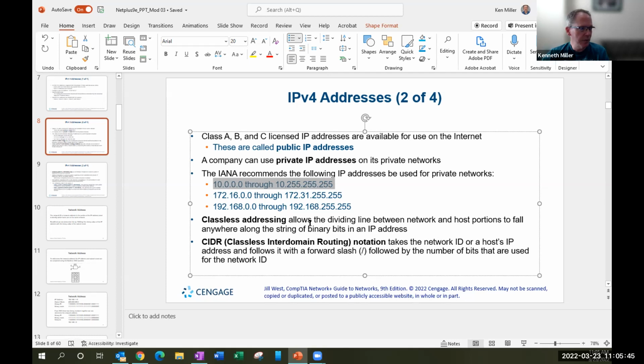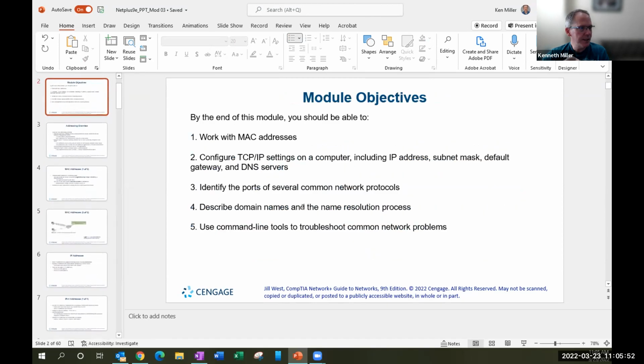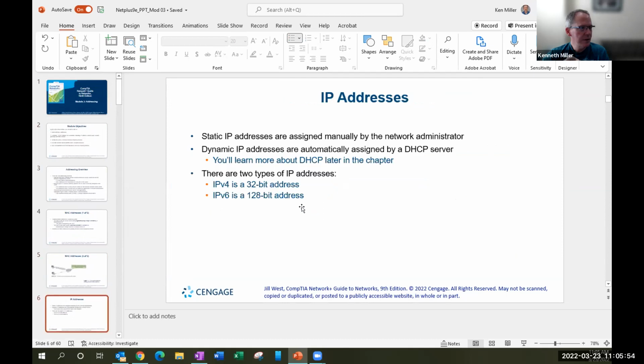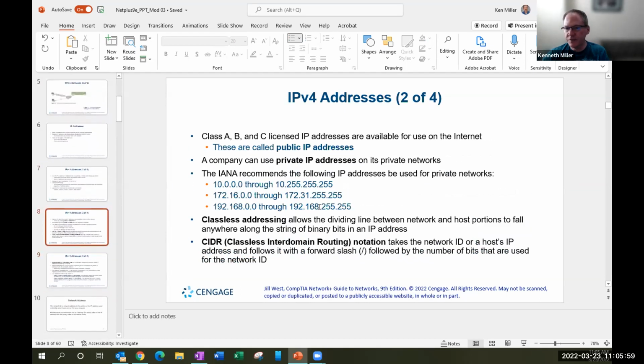So for example, if my subnet mask is 255.255.255.0, the number of ones in the first octet is 8, second octet is 8, third octet is 8, the last octet is 0. So 8 plus 8 plus 8 is 24. We would use the slash or CIDR notation and refer to that as a /24 network.